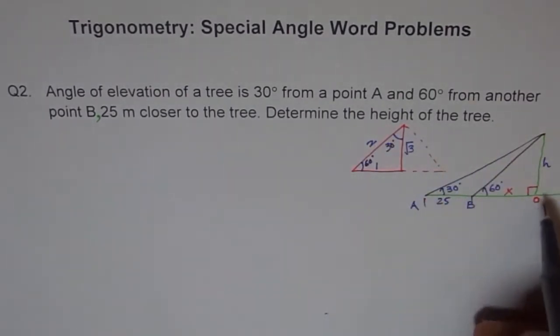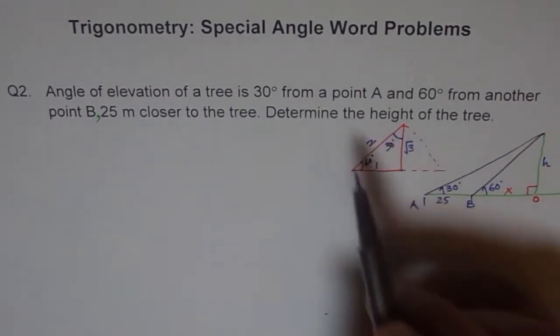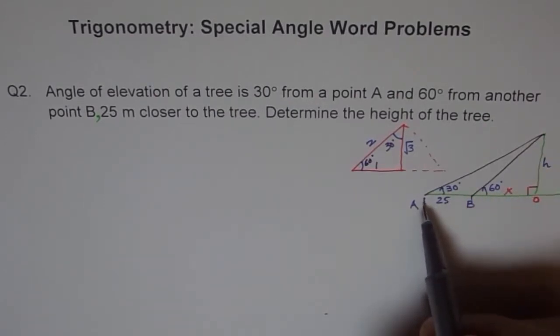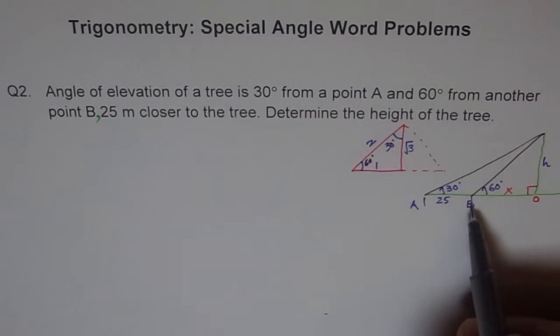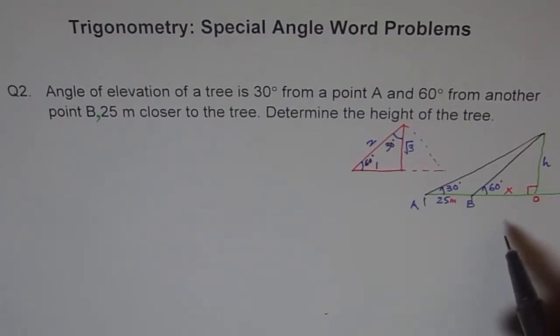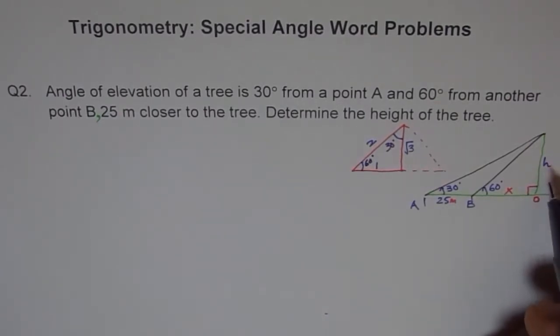So our diagram actually represents the problem, correct? So here is a tree, and angle of elevation from A is 30 degrees, from B 60 degrees, and B is 25 meters closer, right, to the tree. To find height, we can use tan, right?